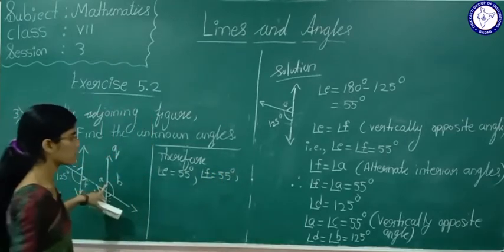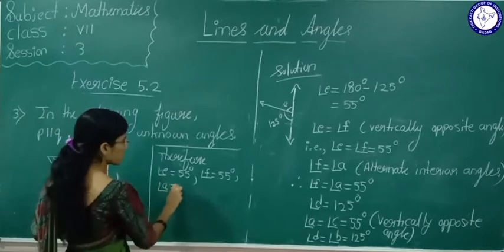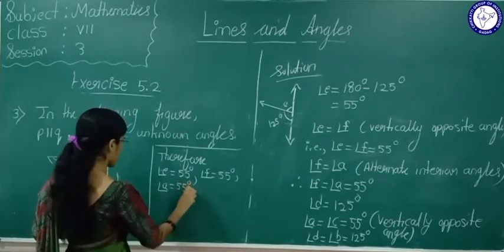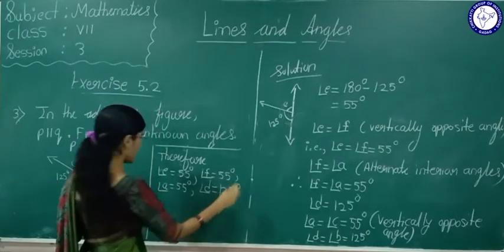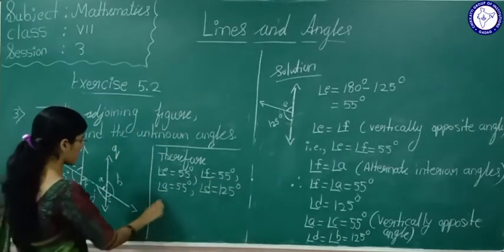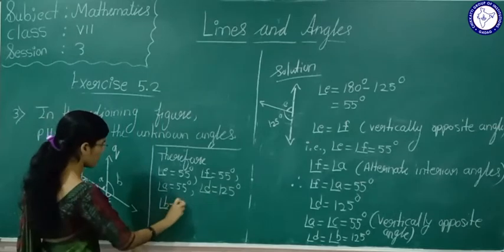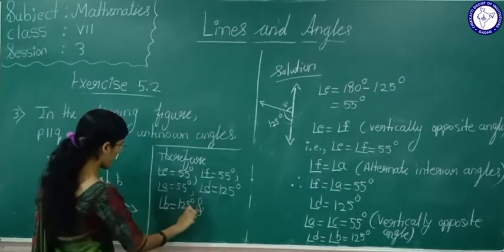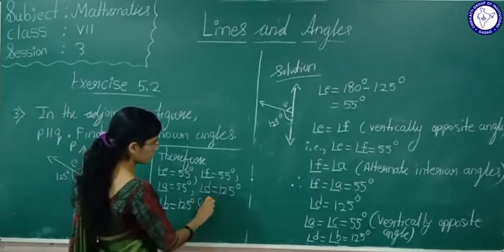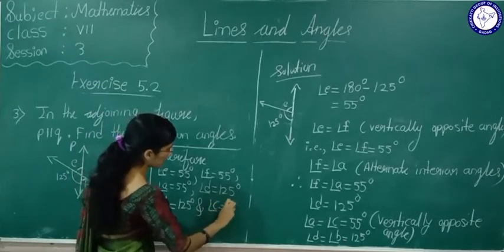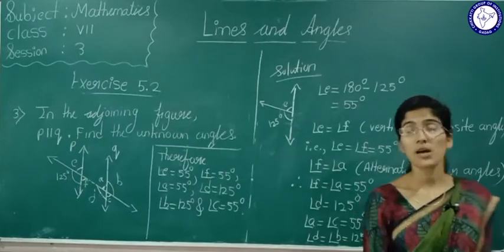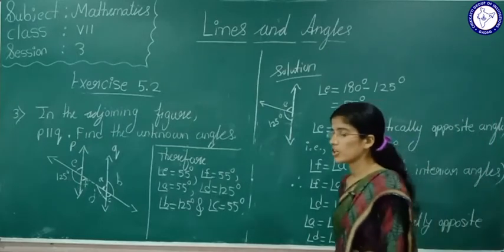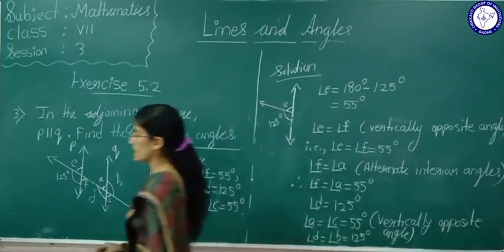Angle A is equal to 55 degrees. Angle D is equal to 125 degrees. Angle B is equal to 125 degrees and angle C is equal to 55 degrees. Is it understood? This is about the third main. Now we are going to see the fourth main.